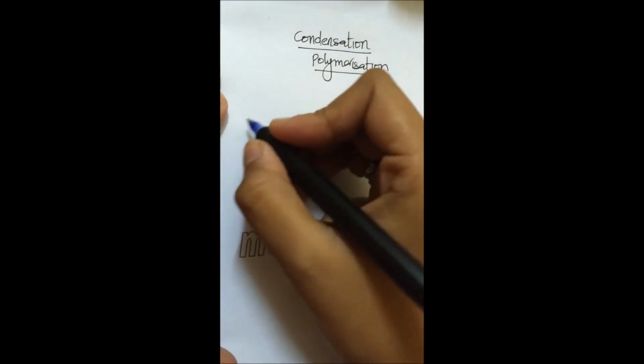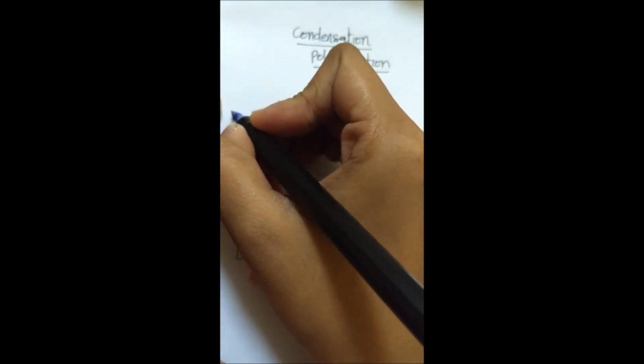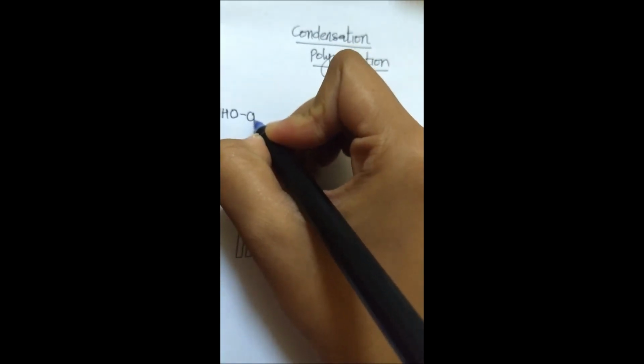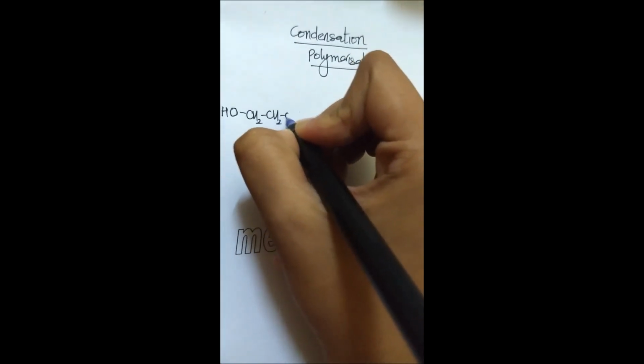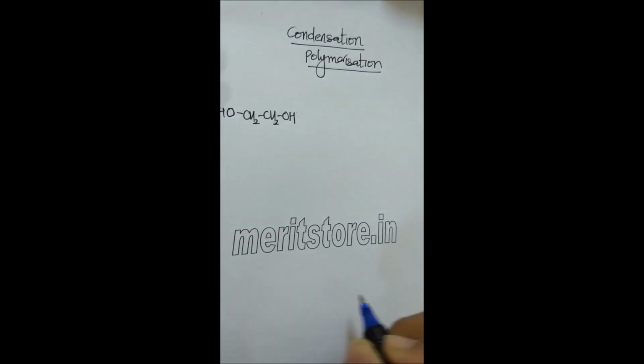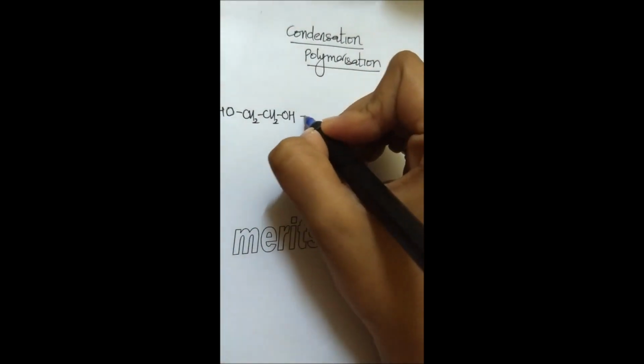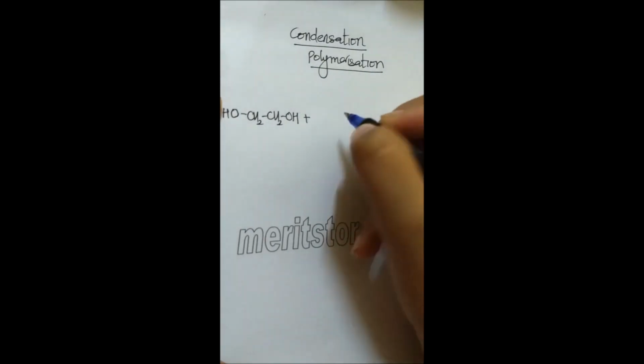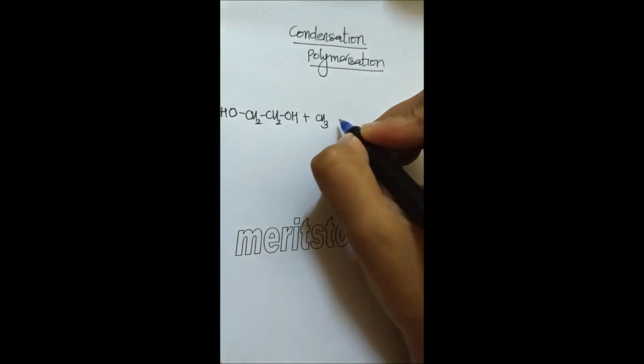Let us directly look at an example. I have ethylene glycol, which is OH CH2 CH2 OH, and I'm reacting it with dimethyl terephthalate.